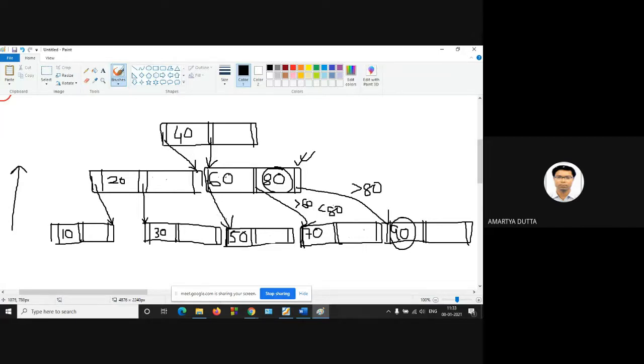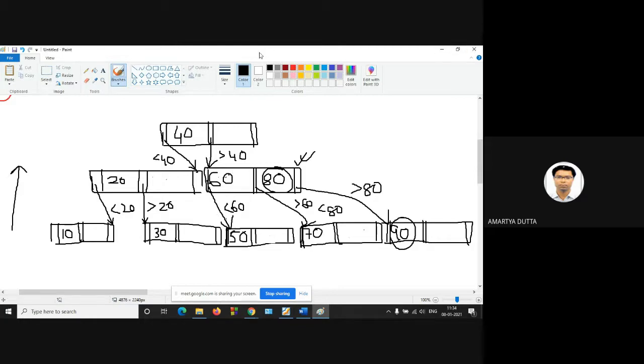And this particular one is less than 60. This is greater than 20, and this one is less than 20. So this one is less than 40, and this is greater than 40. Is it clear, the diagram?